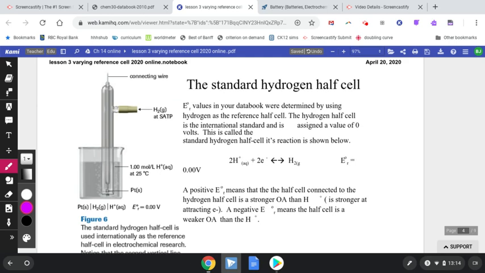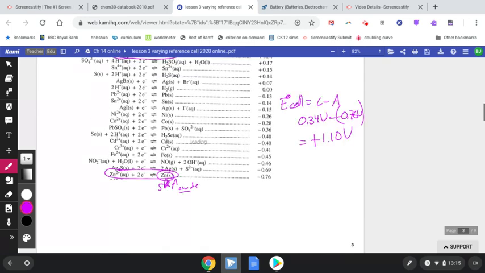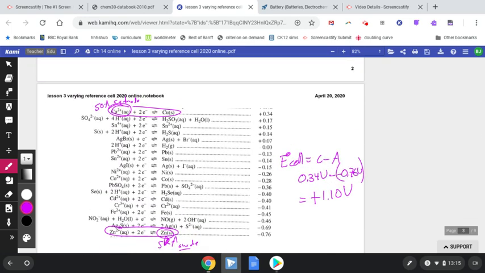Okay, so our main topic for today is talking about the standard hydrogen half cell and then varying the reference half cell. What the heck does that mean? So I'm going to back up for a second. You may have noticed already that hydrogen is assigned a value of 0 for its cell potential.